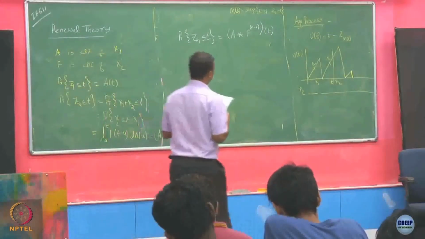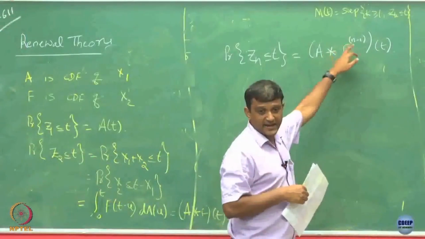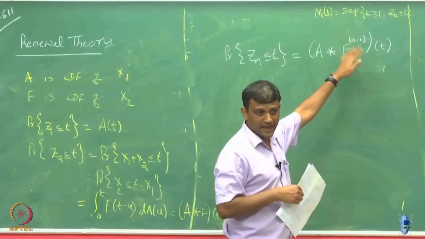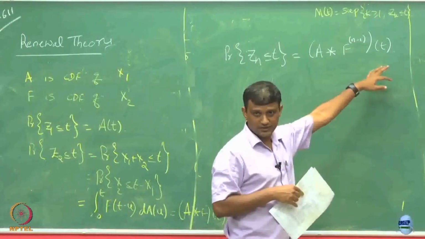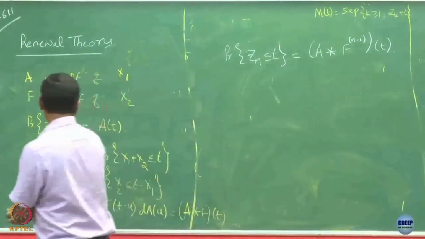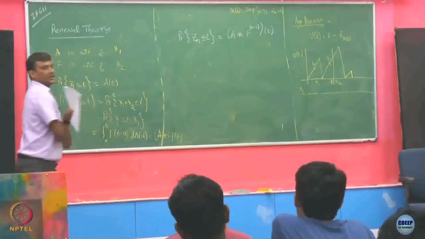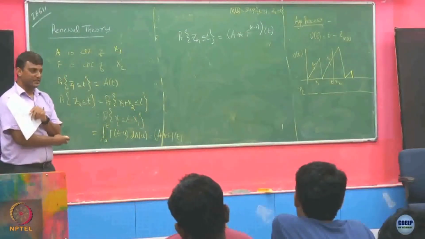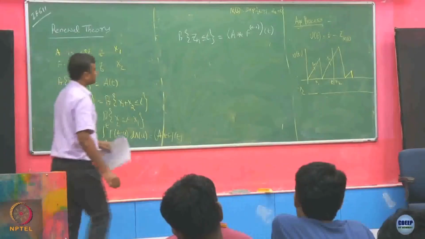Yeah, so these are basically the convolution of A and n minus 1 times the F functions, computed at A. Now based on this, we are ready to find the distribution of M of t. Why is that?